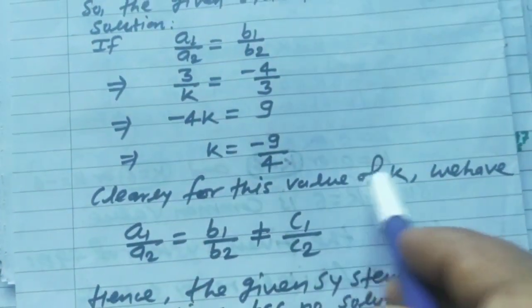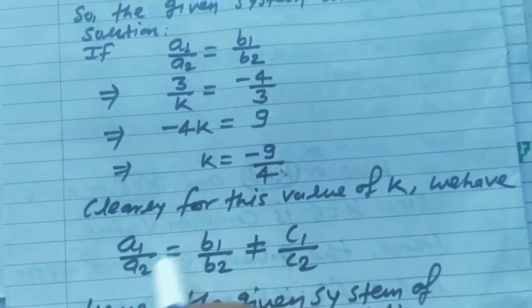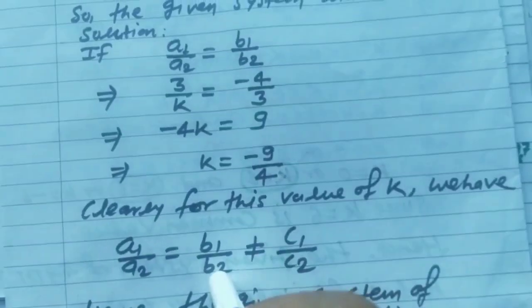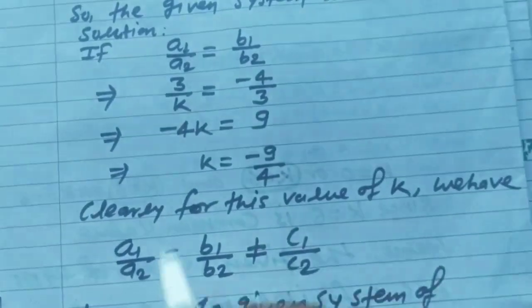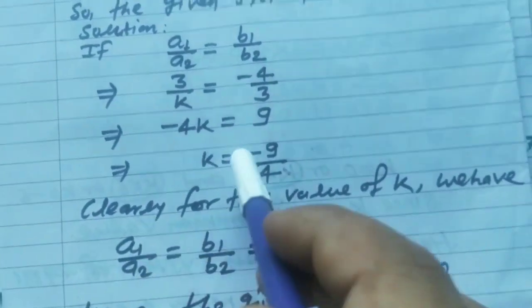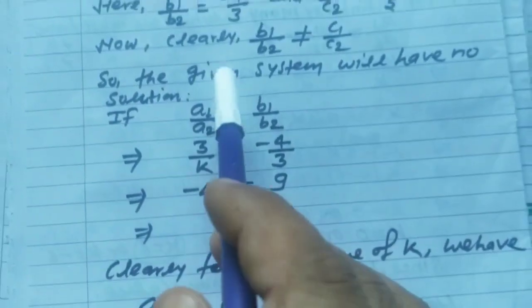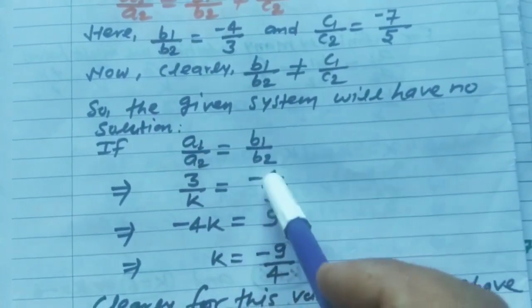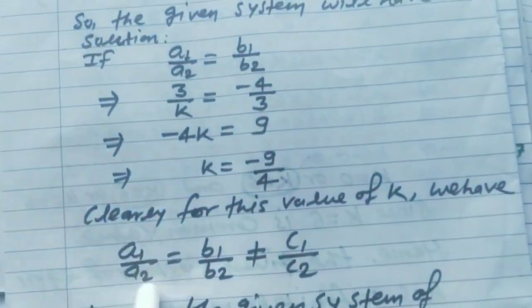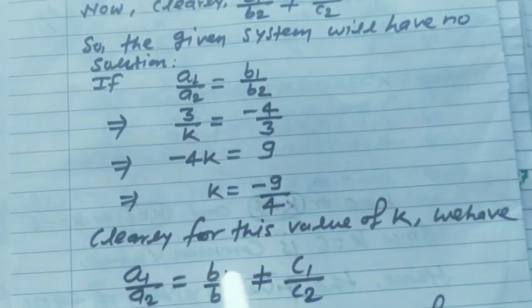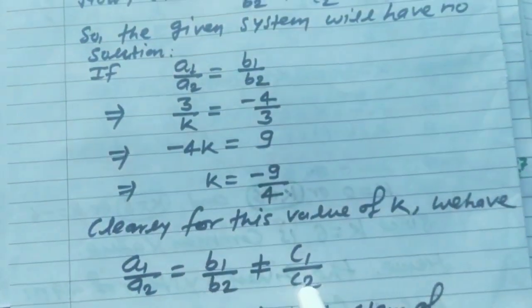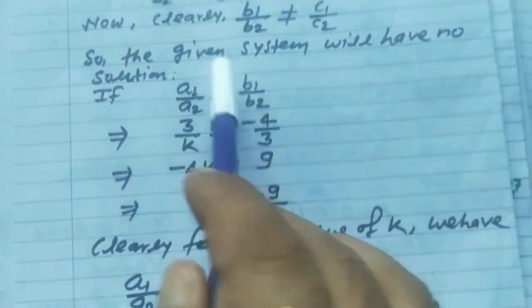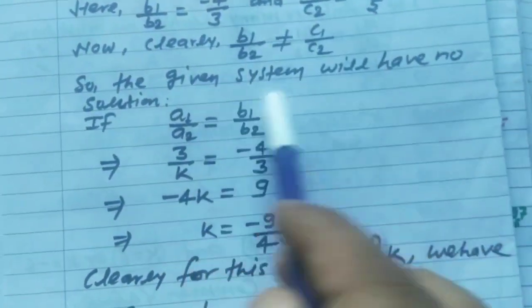Clearly, for this value of k, we have a1 by a2 equal to b1 by b2 but not equal to c1 by c2. If we put this value in a1 upon a2 and b1 upon b2, then a1 upon a2 will be equal to b1 upon b2, but it will not be equal to c1 upon c2, as we have just shown.